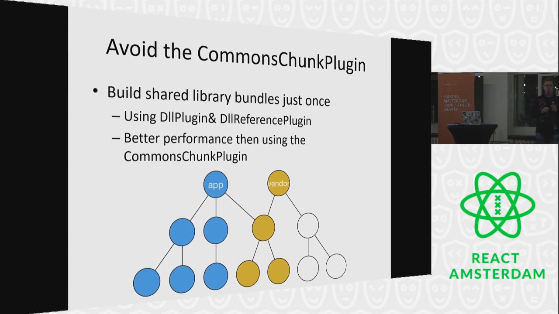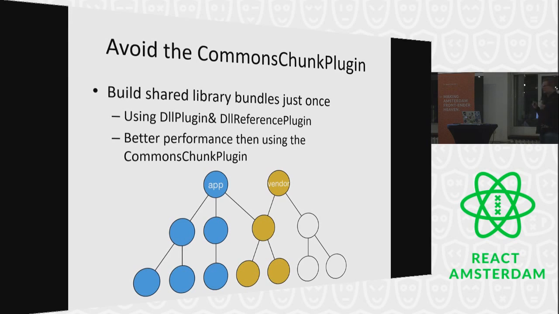And the first thing was the Common Chunks plugin. That's a plugin you'll read all about, and it's quite common. Like if you've got a lot of common code between parts of your application, use the Common Chunks plugin to move that common code into a separate bundle, which you can separately download, which is a very good principle.